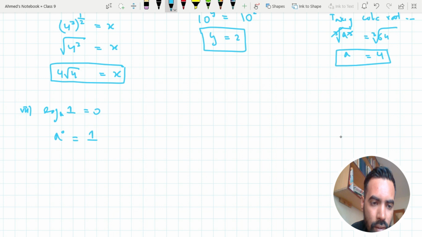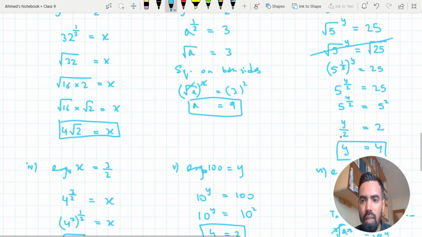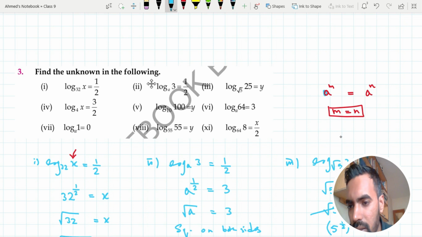So how would I get the 0 here? I can write 1 as 1 to the power 0, because every number to the power 0 is equal to 1. So if both powers are equal you can equate the bases. The same rule I told you above has a reverse: if your bases are the same then powers can be equated, and if your powers are the same, for example a to the power m equals b to the power m, then you can equate the bases, so your bases will be equal. Got it?